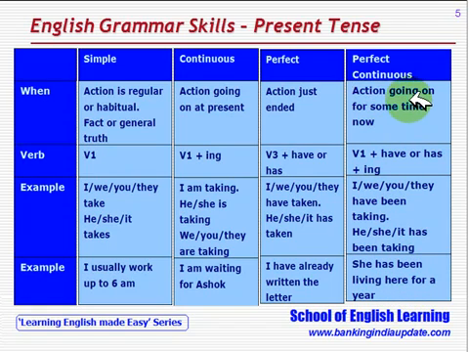So action going on for some time now. So present perfect continuous is used where action is going on for some time for now. Here first form of verb is used and it is supported by have or has and also ing.